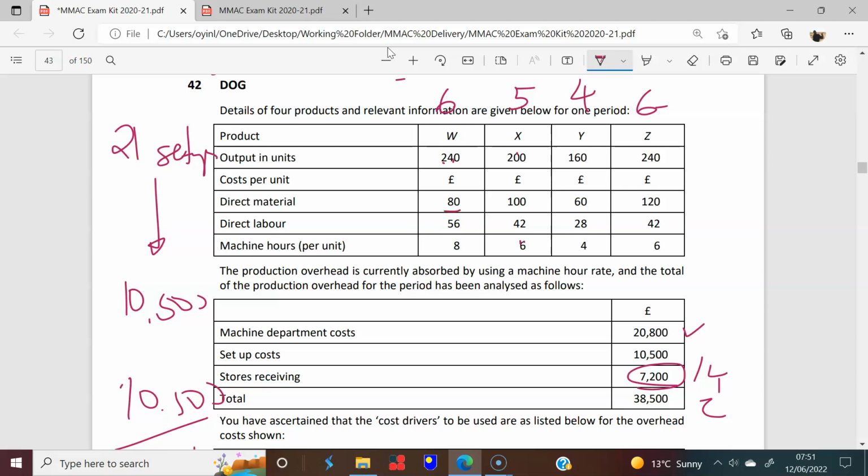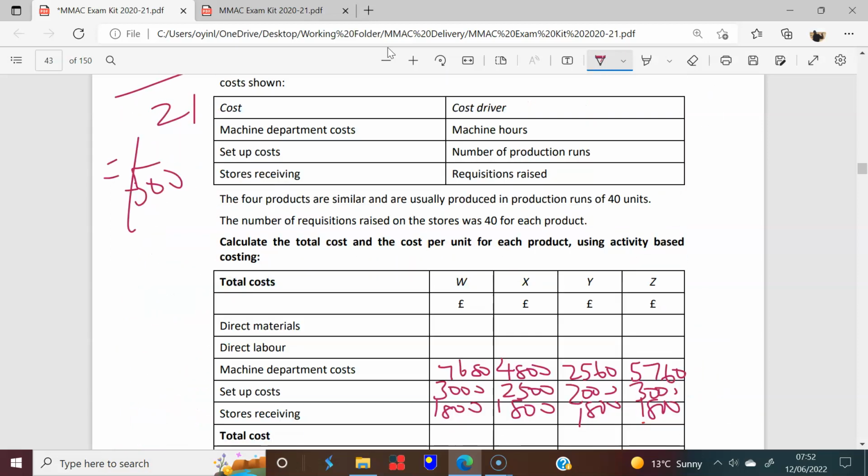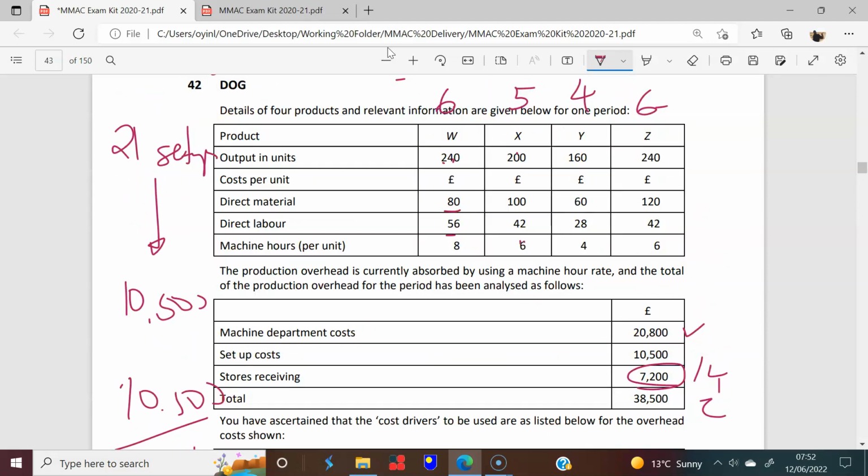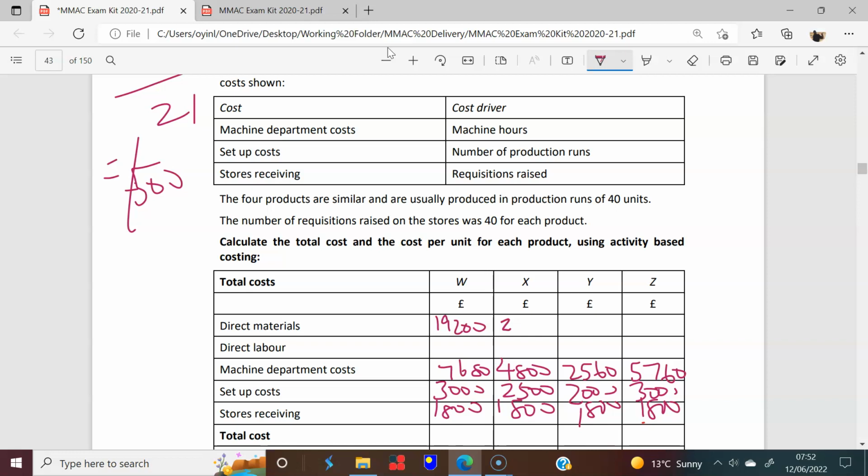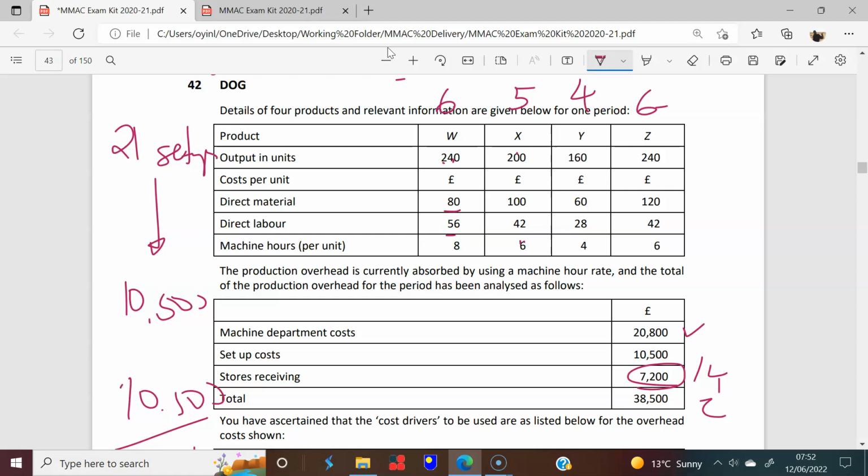So I just need to multiply these figures by the total output, because this question is asking for totals, isn't it? So 80 times 240 is 19,200.